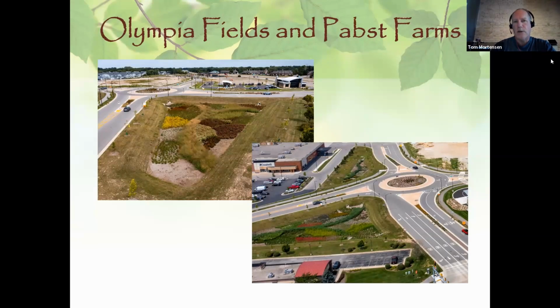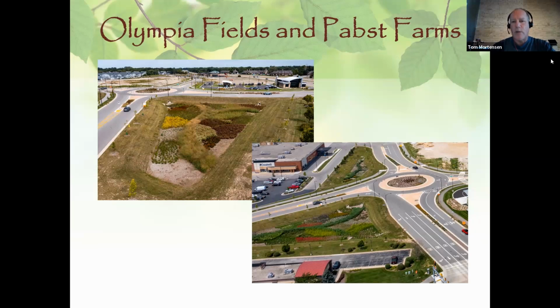So it was really a fun project to be involved in, and it's ongoing. And no amount of stormwater in Paps Farms leaves the site. It doesn't go away. As I said before, it all stays on site and it all gets infiltrated. So that's been a really fun design challenge where civil engineer meets landscape architect meets developer, and how do we get this all to sync up and work together?